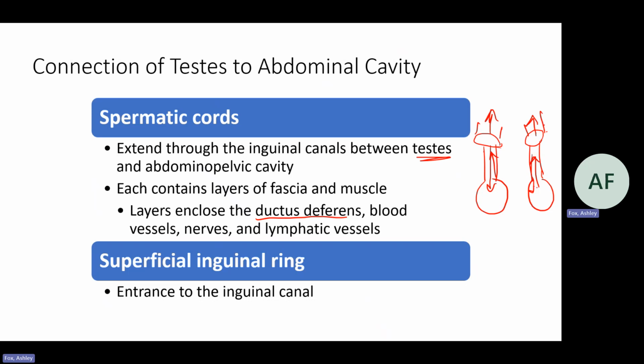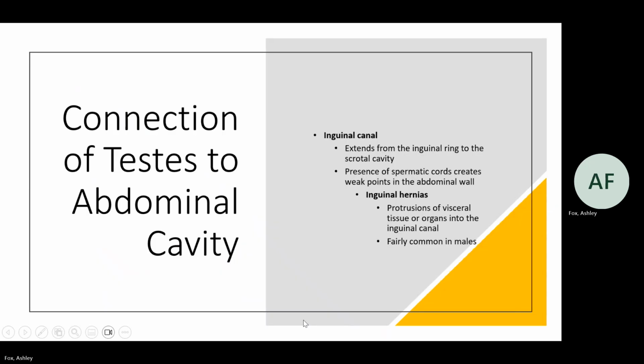If you're going from the testis into the abdominopelvic cavity, the first thing you go through when you hit the inguinal canal is called the superficial inguinal ring. So again, the inguinal canal goes from the superficial inguinal ring to the scrotal cavity.